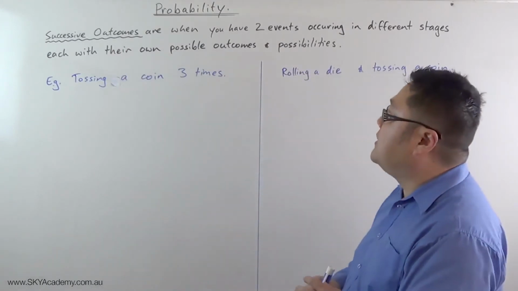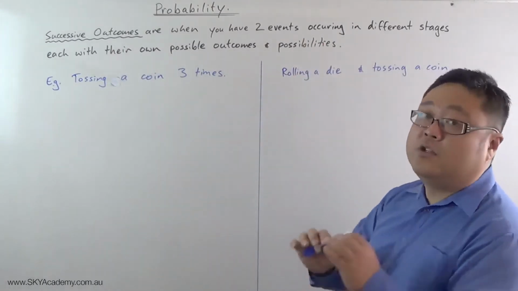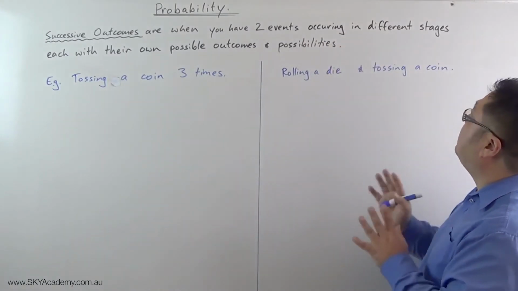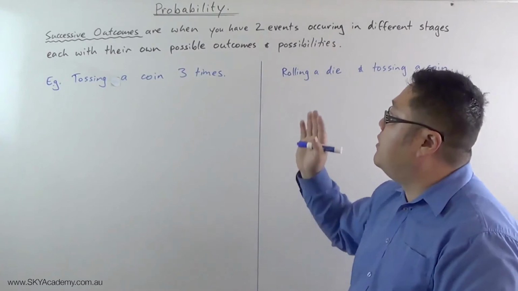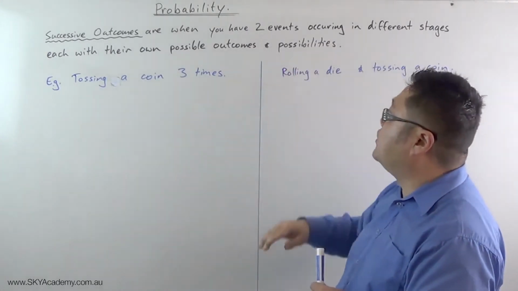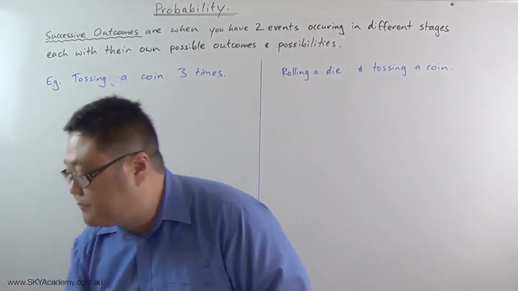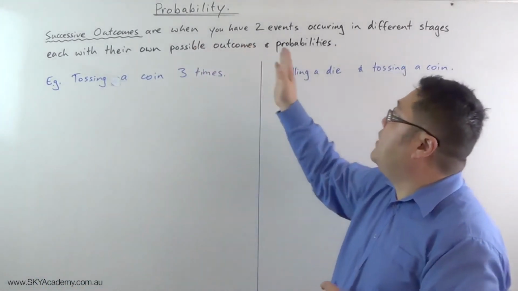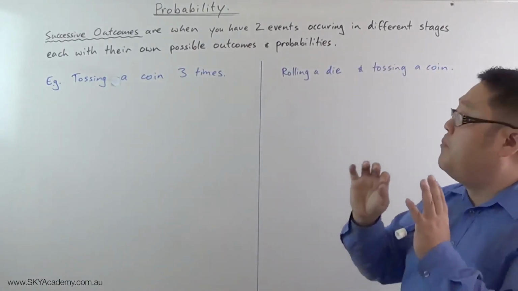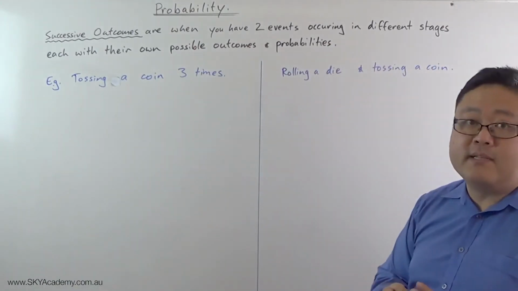So this is basically when you have two or more events occurring in different stages, each with their own possible outcomes and probabilities. So successive outcomes are when you have two events occurring in different stages, each with their own possible outcomes and probabilities, okay?